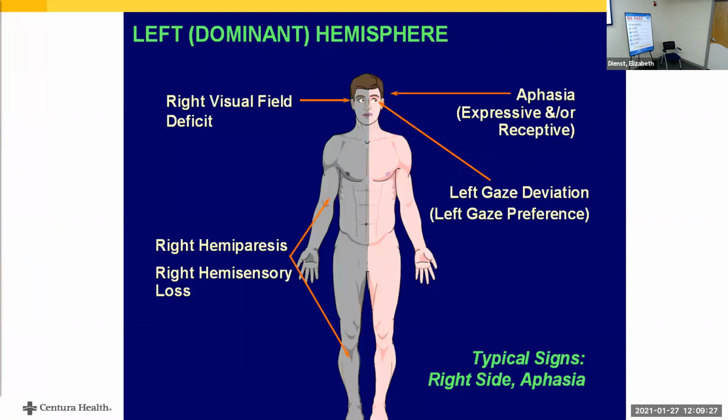All right, so as we had talked about in our BFAST, left dominant hemisphere is most common in 95% of our population. And so when they have a left-sided stroke, they'll have the right visual deficits, either the expressive or receptive aphasia, and if they're really unlucky, they'll get global aphasia. And when we have global aphasia, it's very difficult to do a good assessment on them because they don't understand what's going on.